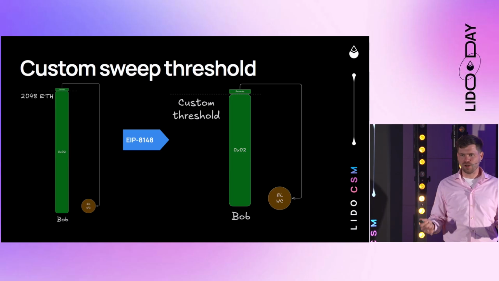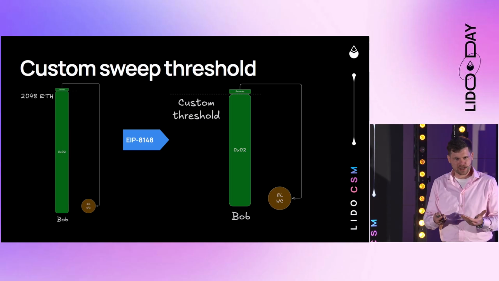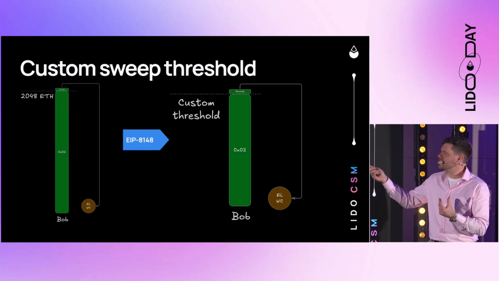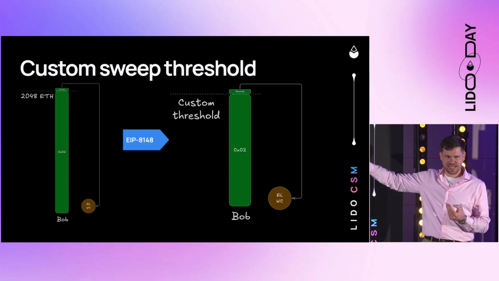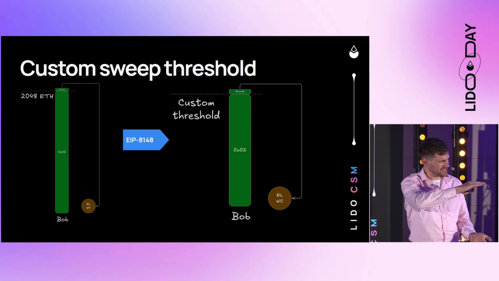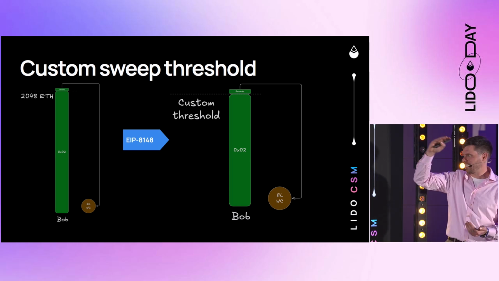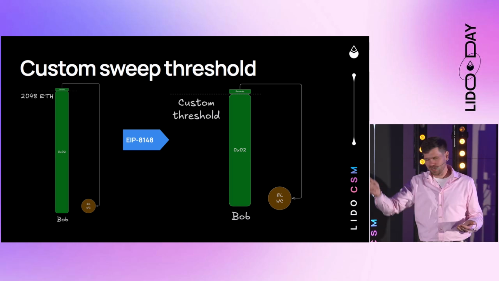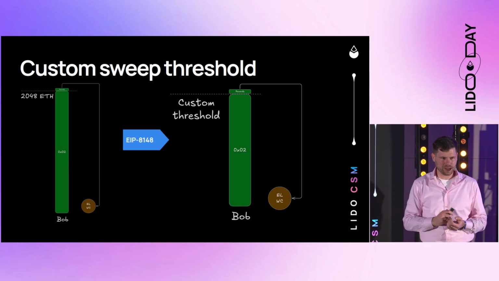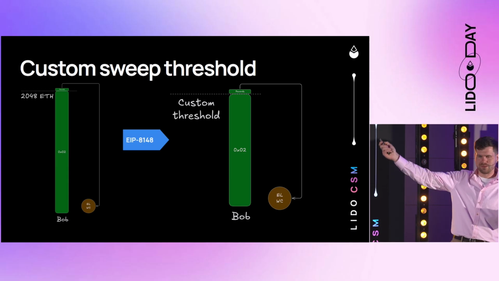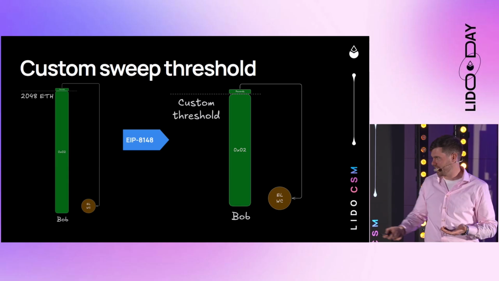So that perfectly solves the issue with the rewards liquidity, because you can always define which portion of your staked ETH you want to have illiquid and staked, after which all of the rewards will still be liquid. And that removes this unnecessary barrier of the randomly selected value of 2048 ETH.